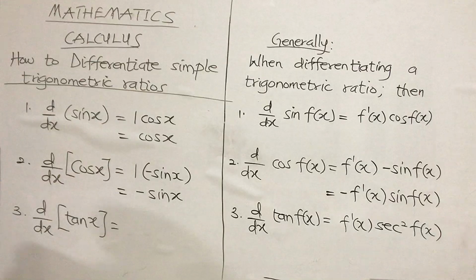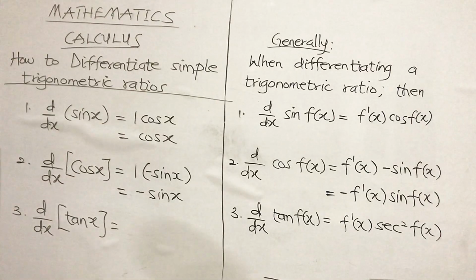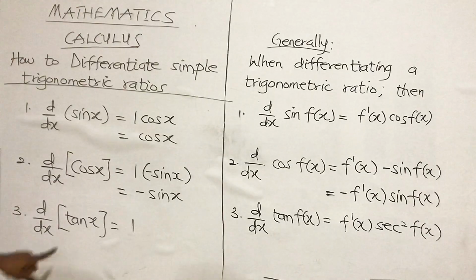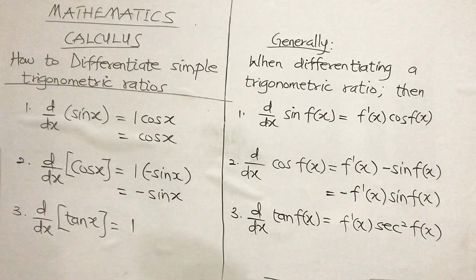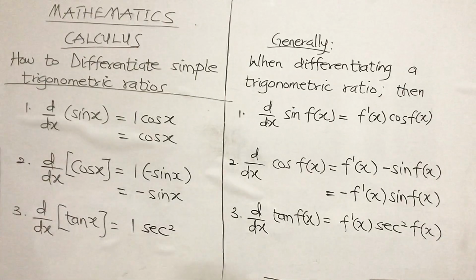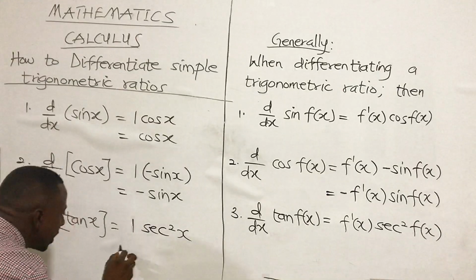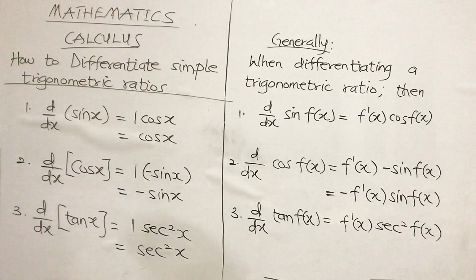And this is the same as negative sine x. When you look at the third one, when I differentiate x, I am getting 1. Before I differentiate the trig itself, which is sec squared, multiplying the function, so multiplying x, and I am getting the same sec squared x.